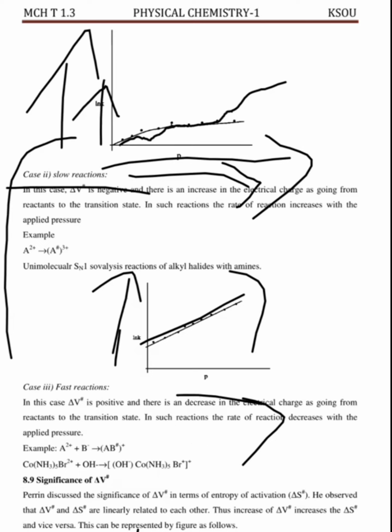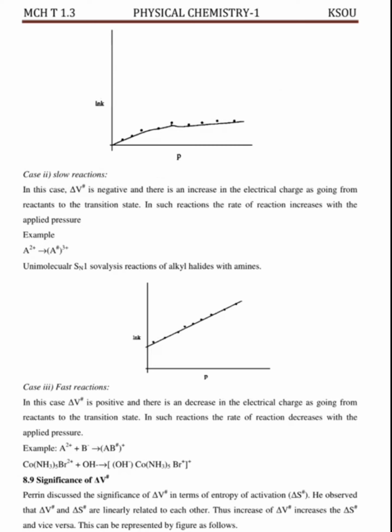The next topic is the significance of delta V double dagger. Delta V double dagger is nothing but the volume of activation. EA is the energy of activation, and delta V is the volume of activation. As the volume changes, the rate of reaction changes.